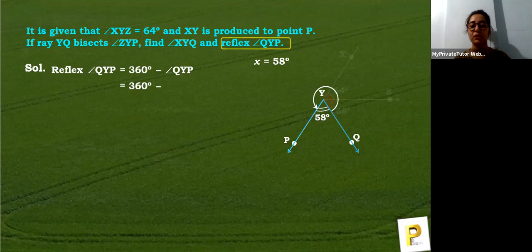So 360 minus 58. Come on guys, tell me what will be the answer to this question.